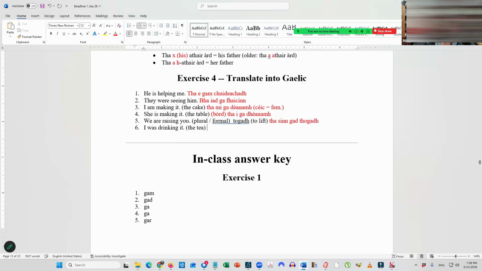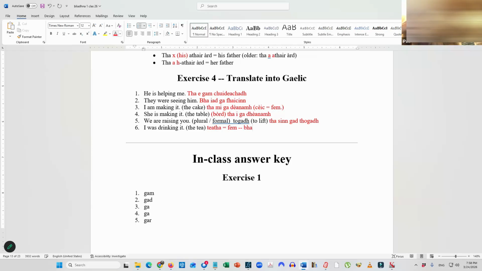And I was drinking it. Taya being feminine. So you'd have Vummy Gahol.